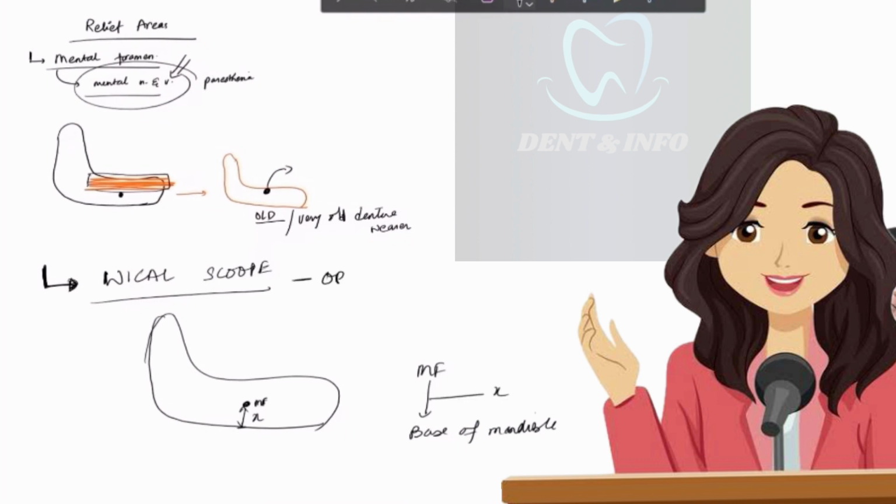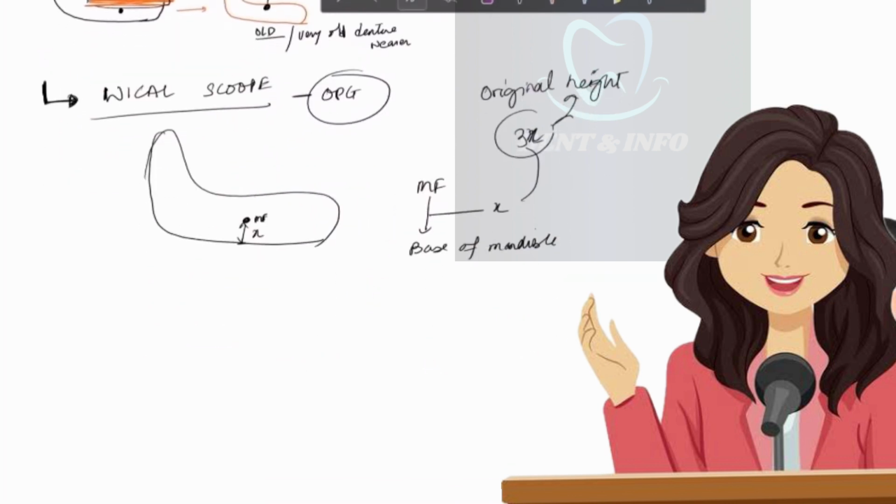You identify it on an OPG, right? This technique is done on an OPG. Multiply it by 3 times and that is your original height of mandible.